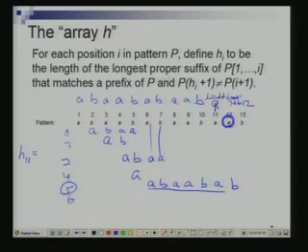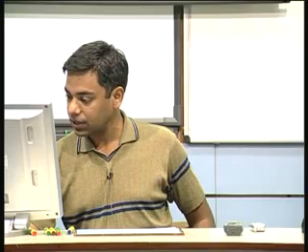So I have defined hi to be the length of the longest proper suffix of p1 through pi that matches the prefix of p. Okay, now let's understand what this is. What is the suffix of p1 through pi? Let me pick up a different pen now.